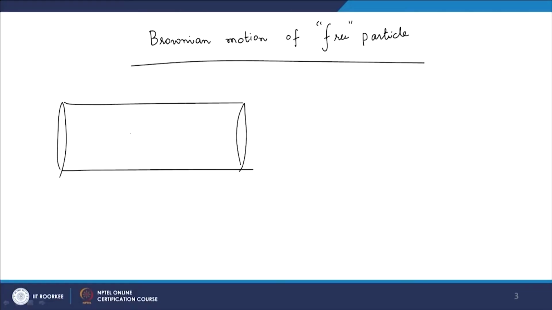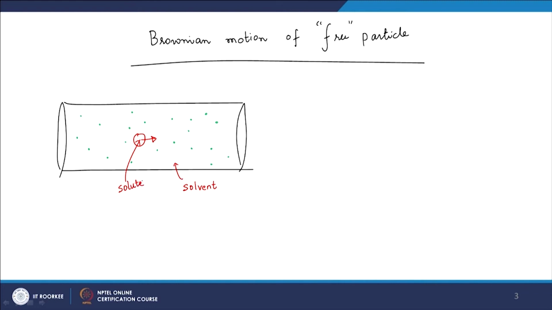So it has a particle that is moving in a solvent. The solvent can be represented, for example, by teeny dots, which are much smaller compared to the solute particle, and of course there are many of them, and this is my solute.